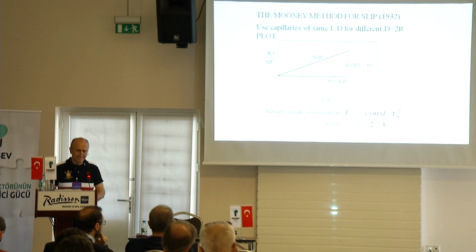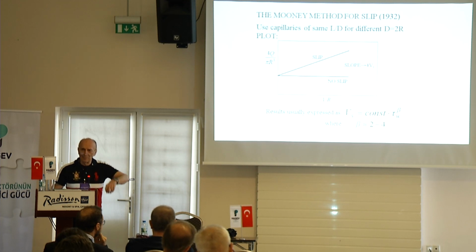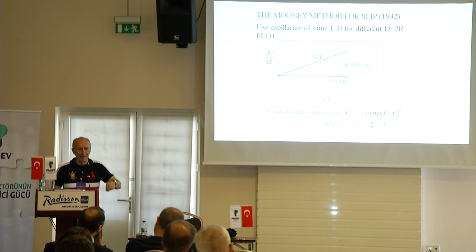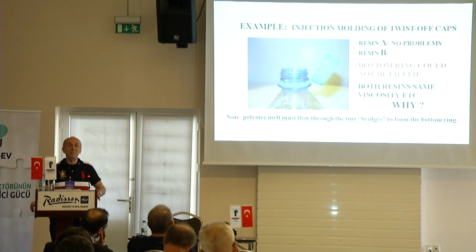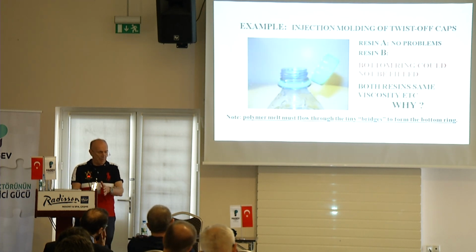To measure it, I will not go through the details. I have an example in the book where you see how it can be measured. So the wall slip can be measured using a capillary rheometer. And I tell you how to do it. And yes, we measured it to solve this problem.